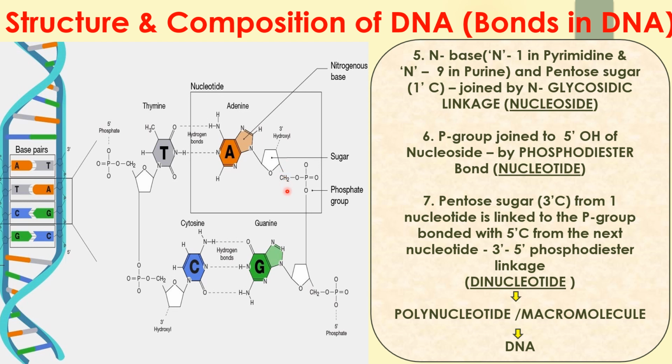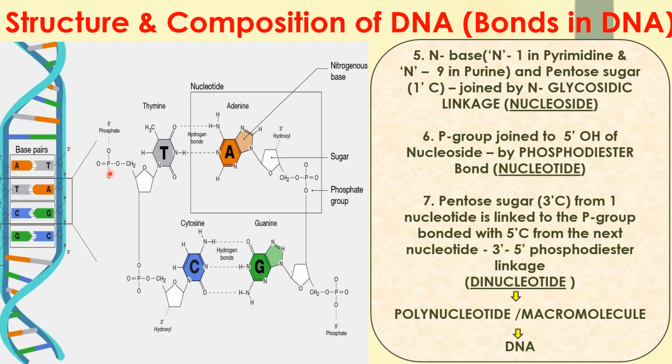The OH of the 5th carbon is linked to the phosphate group over here to form ultimately the nucleotide. This whole square region is nothing but the nucleotide containing the purine, that is the adenine, sugar, and phosphate.